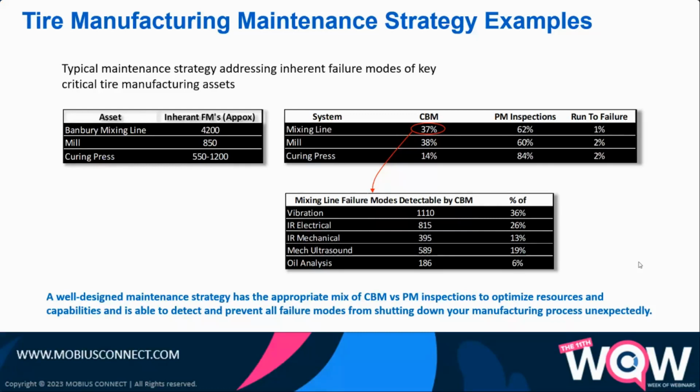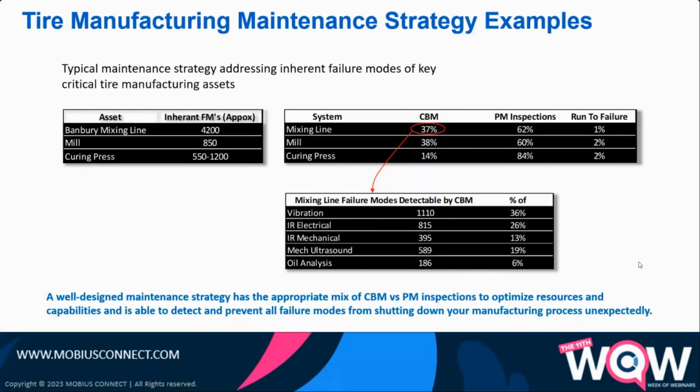In this case, out of that 37%, vibration covers 1,110, which represents 36% of that population. Electrical IR, 815 failure modes, 26% of the population, and so on down through the technologies. So you can see that mix of the technologies applied to the failure modes for a mixing line, right?